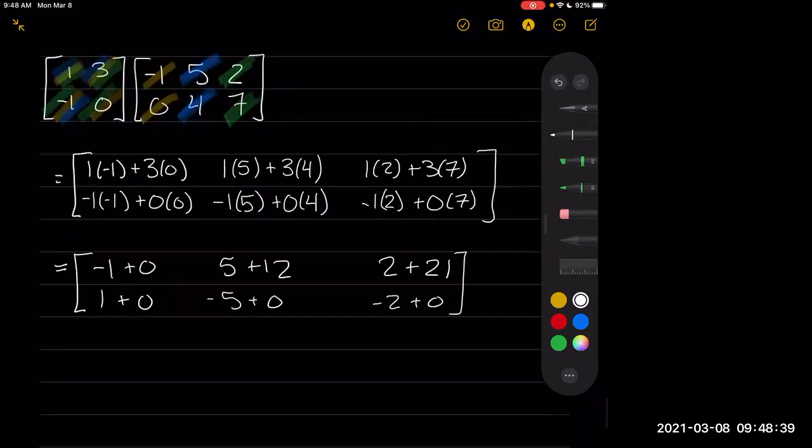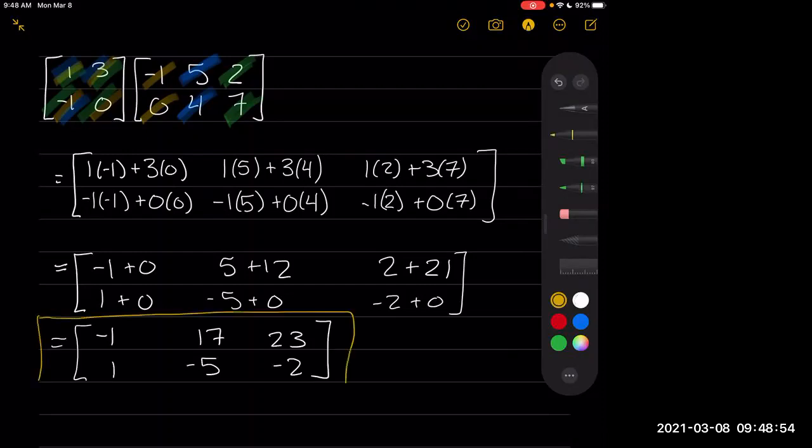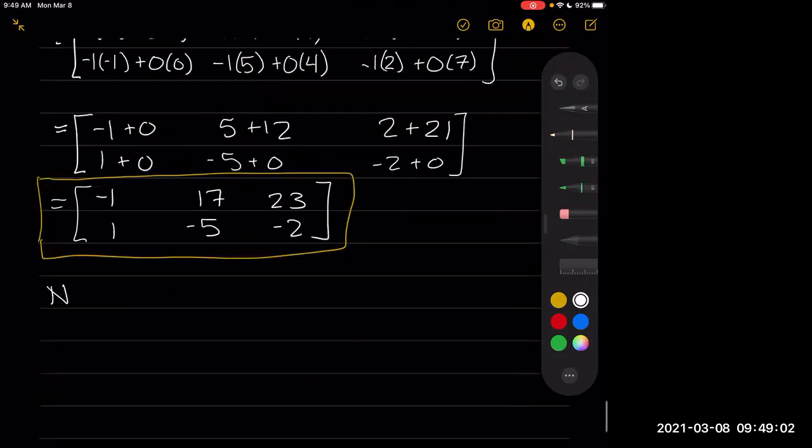So now simplifying again, we get -1, 17, 23, 1, -5, -2. And this is our answer. All right, and this is A times B.